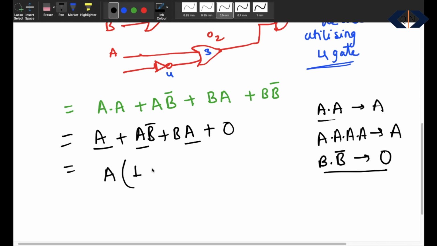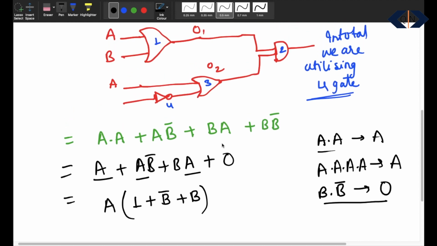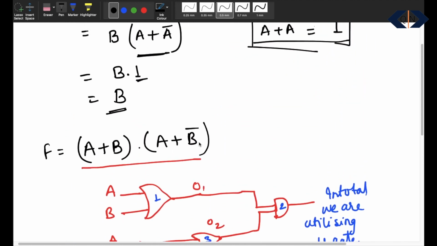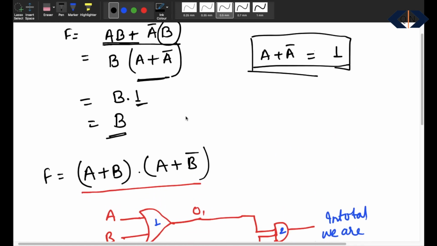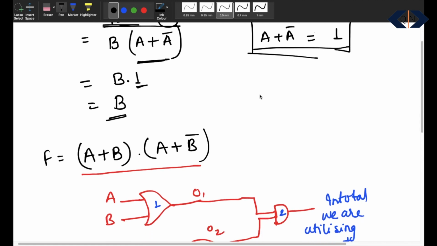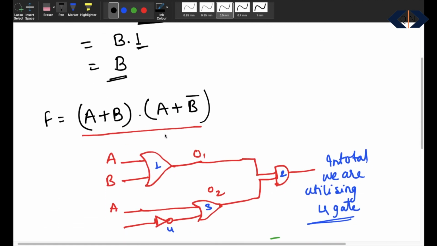So let's see. A plus b bar plus b. So just now we discussed that a plus a bar is equal to 1, or no, we will not be using this.